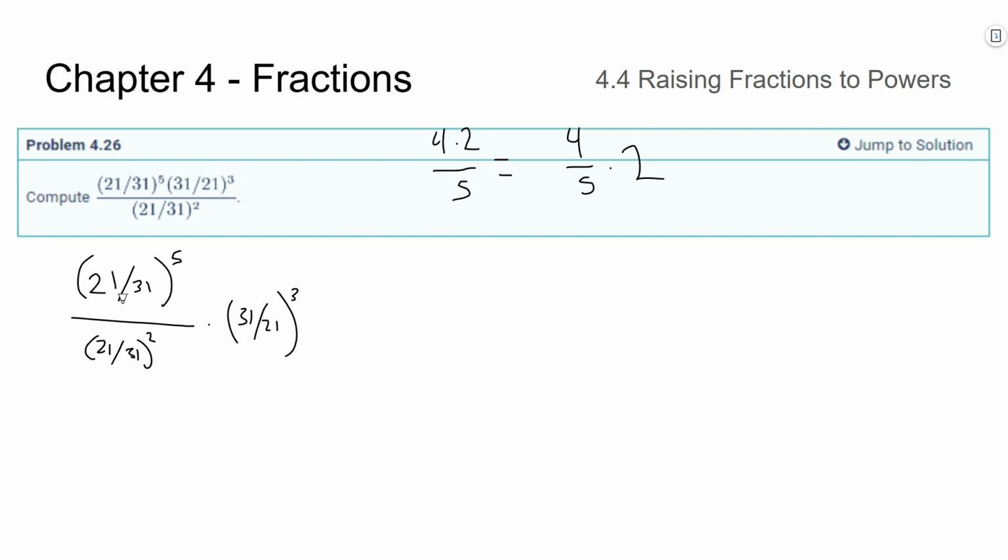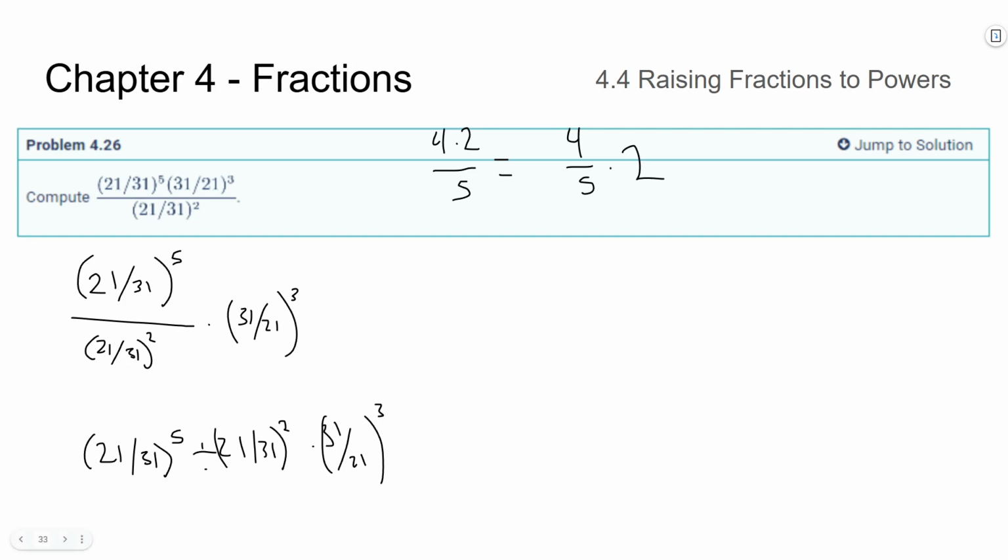So we're here now. Remember, a fraction is just division. So this is the same thing as saying (21 over 31) to the fifth divided by (21 over 31) squared times (31 over 21) cubed. Okay, so now we know our exponent rules.